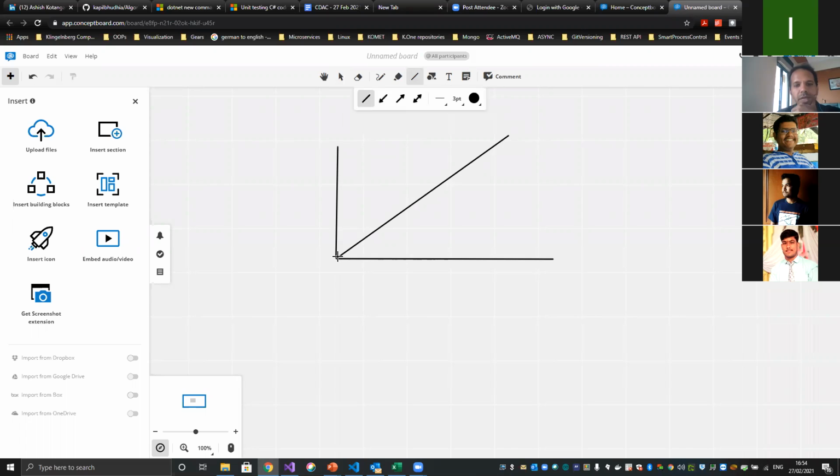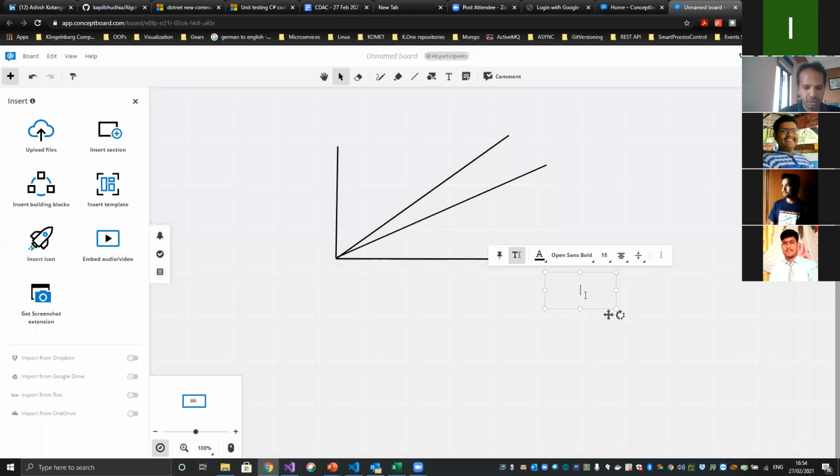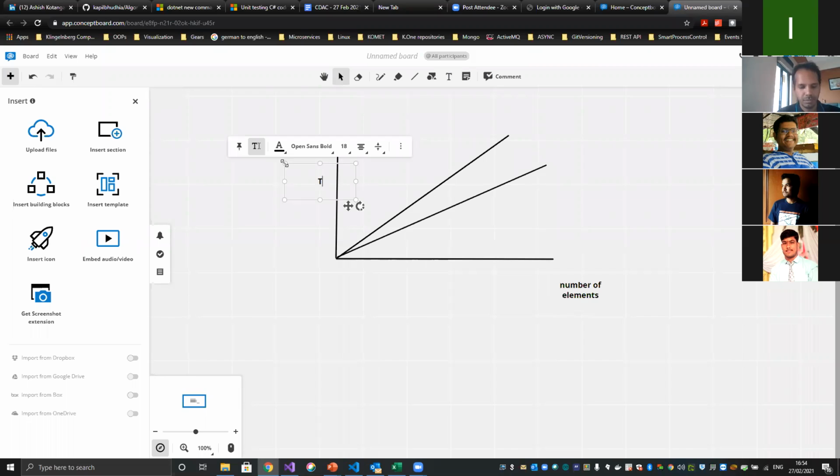The slope of the line can keep changing depending on that k, but it's always a straight line. And this axis is n, the number of elements, and this axis is runtime, the time to run the algorithm, right?